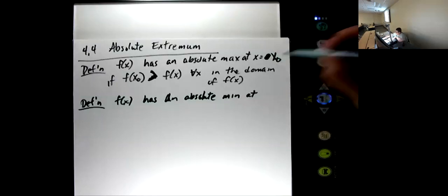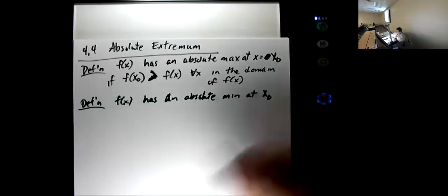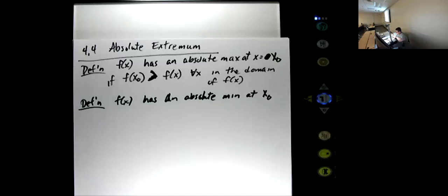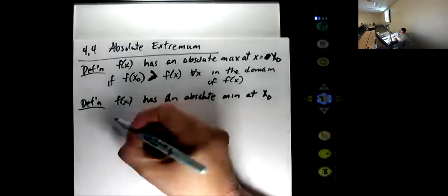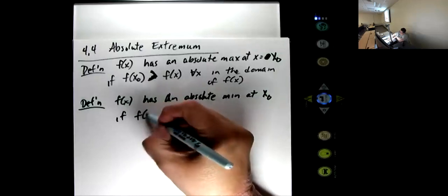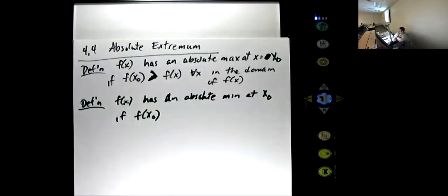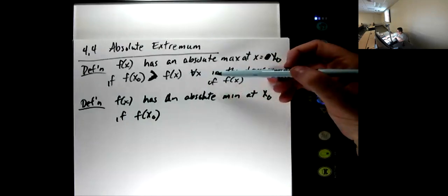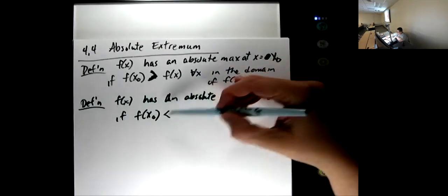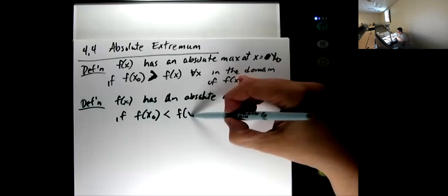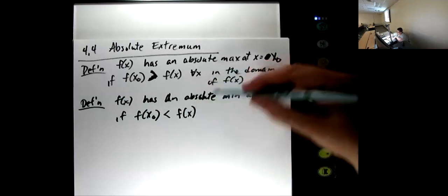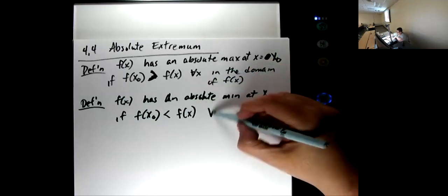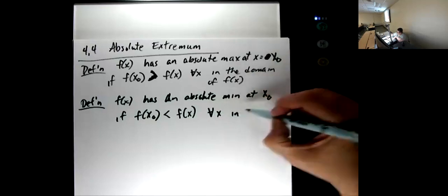That's what I meant to say. If it's greater than f of x, we're matching the absolute maximum. Less than. It's got to be less than every other y value for all x in the domain of f.